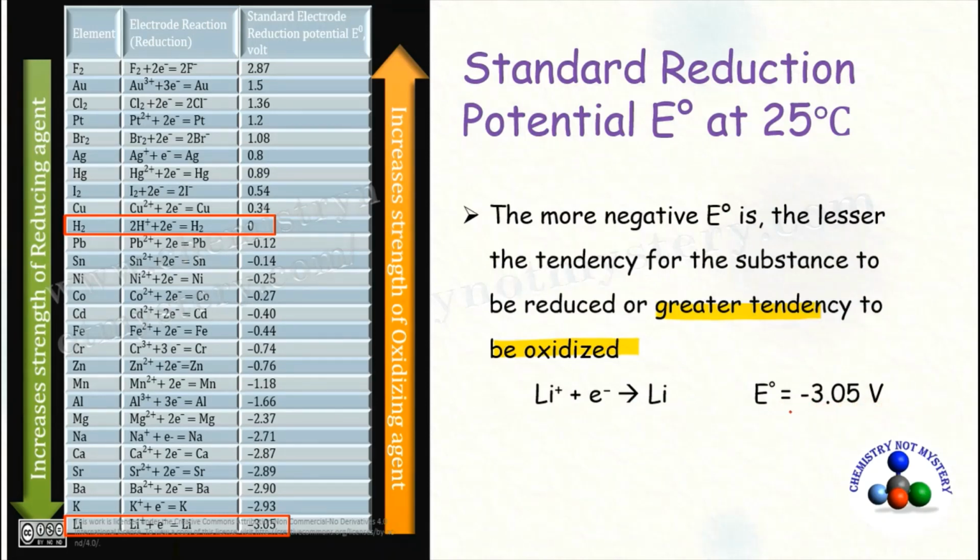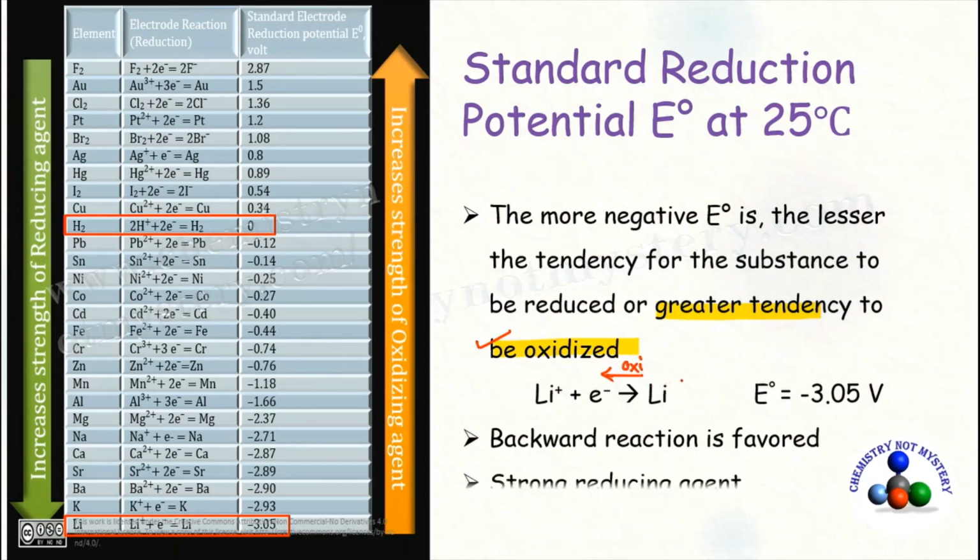Negative value of E naught: element favors backward reaction more as compared to forward reaction. Forward reaction is the reduction reaction and backward reaction is the oxidation reaction. So it has more tendency to be oxidized. As it has more tendency to get oxidized, it will act as a strong reducing agent.